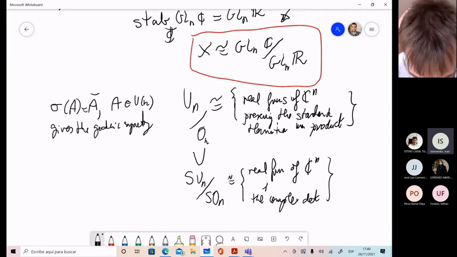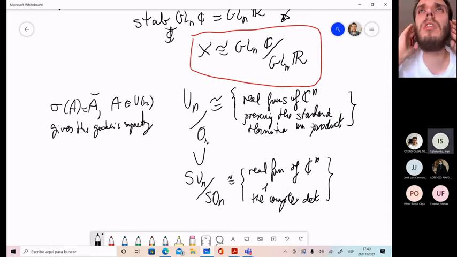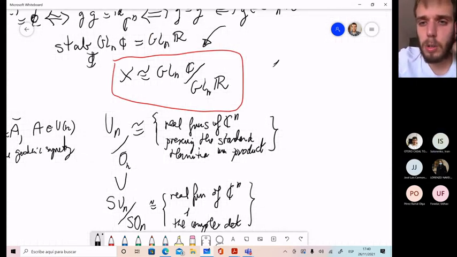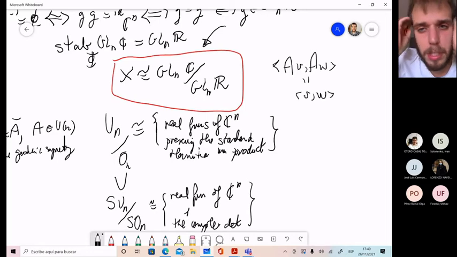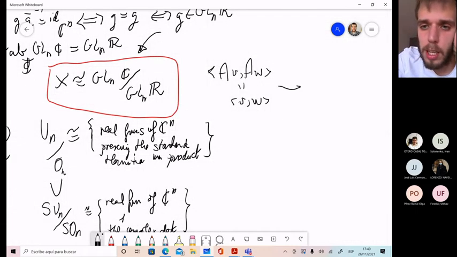Sorry, the real form. You're saying that if they preserve the Hermitian inner product, they automatically are C-linear? Is this true? Isn't it the definition of preserving the Hermitian inner product? So you can extract that from the definition. You say that this is enough to conclude that A is C-linear.